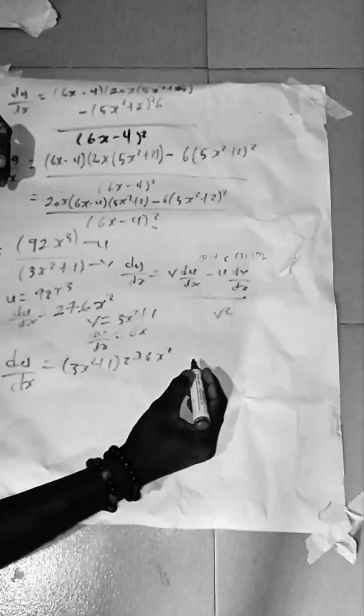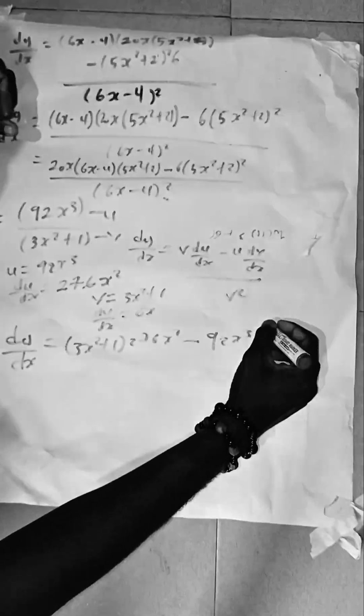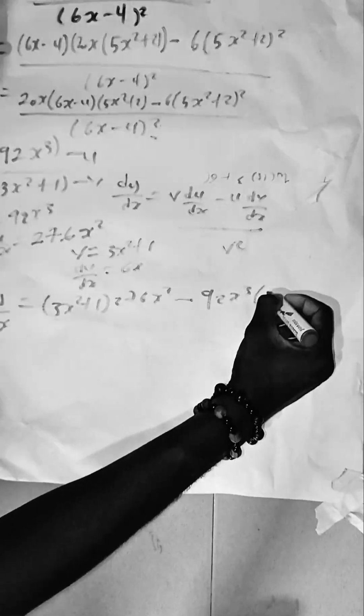So dy by dx is equal to our v, that's 3x squared plus 1, multiplied by du by dx, that's 276x squared, then minus our u, that's the numerator, 92x cubed, multiplied by dv by dx, that's 6x, all divided by v squared.